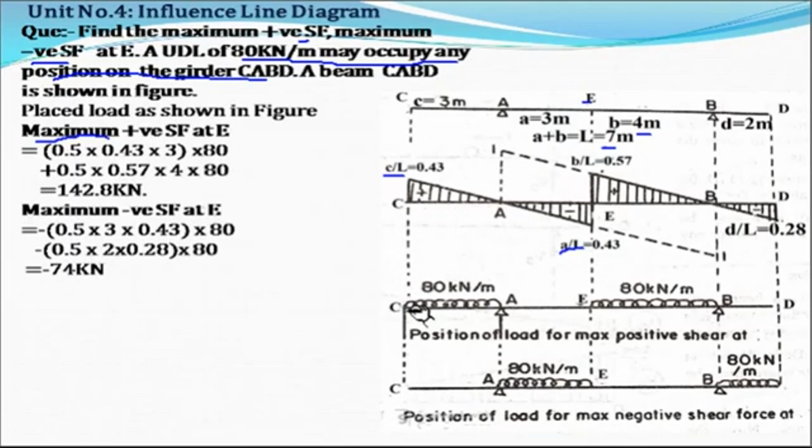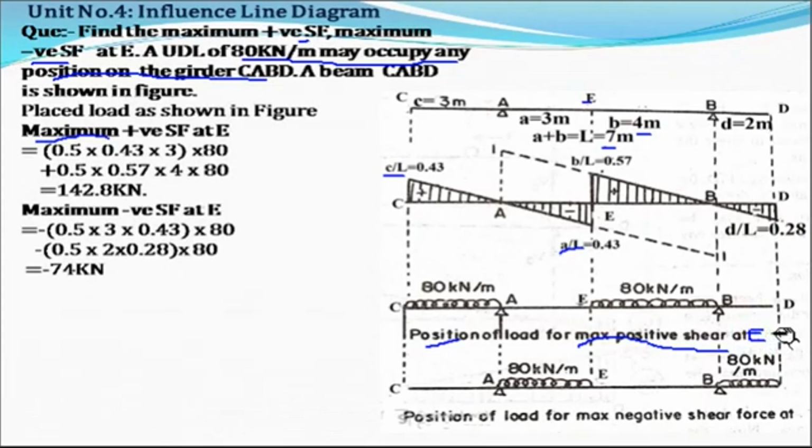On this portion you have to place this 80 kilonewton per meter load. In this way you have to place the load to find out the maximum positive shear force at section E.